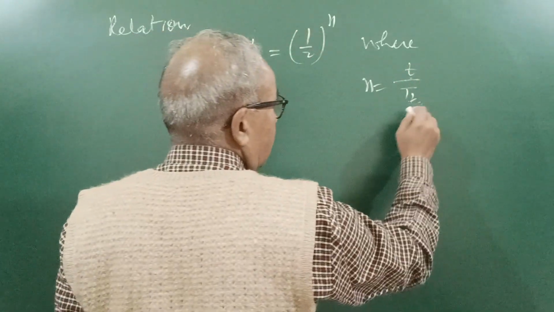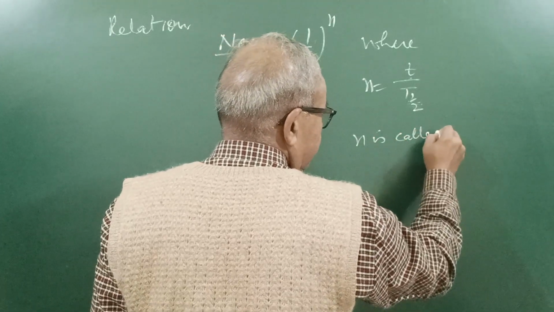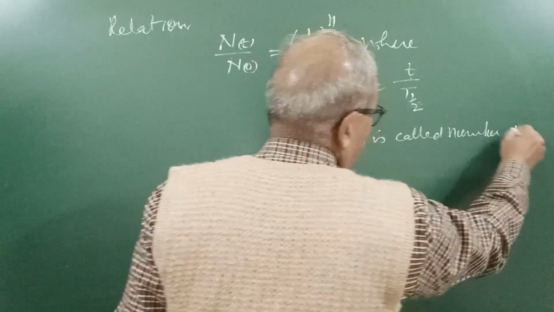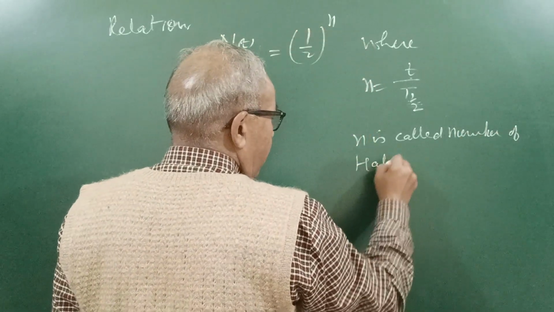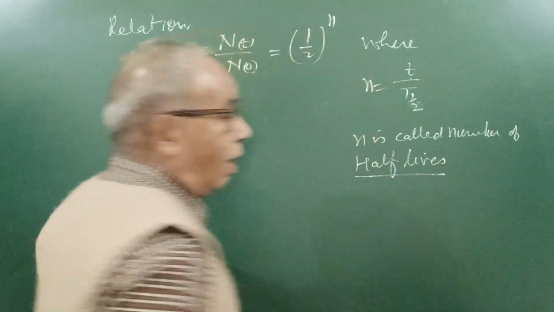Here n is called the number of half-lives.